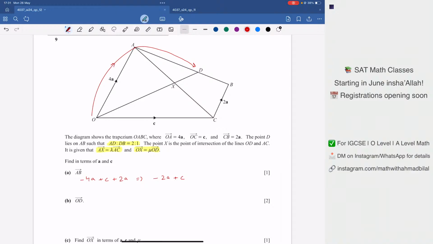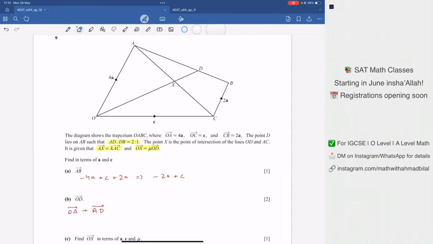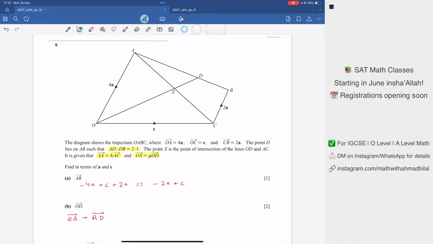Now, how can we think about this? We could say, in order to go from O to D, let's go from O to A, and then from A to D. Now, the problem is we don't know what AD is, but we have already found what AB is, right? AB vector, that is minus 2A plus C. And we're given some ratios there. They've given us that the ratio AD to DB is 2 to 1.